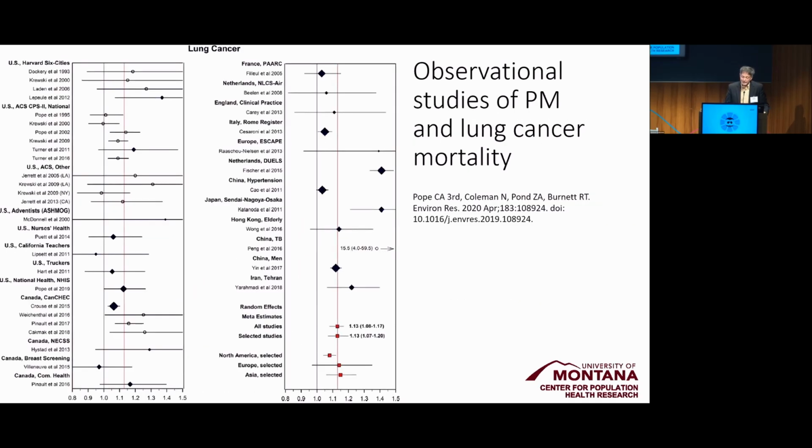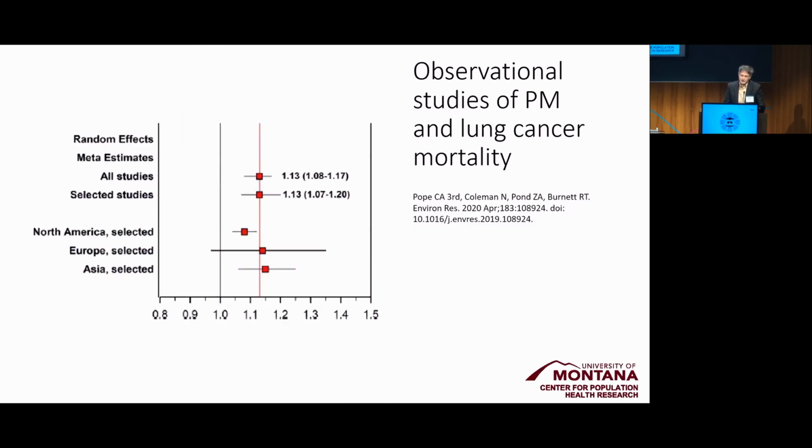Okay, what about lung cancer risk? Well, there have been lots of studies on air pollution exposure and lung cancer risk. This is just a meta-analysis. The overall estimate is here. You can see the random effects meta-analysis estimates around 1.13, or a 13% increase in lung cancer mortality for every 10 micrograms per cubic meter increase in particulate matter exposure for ambient exposures.